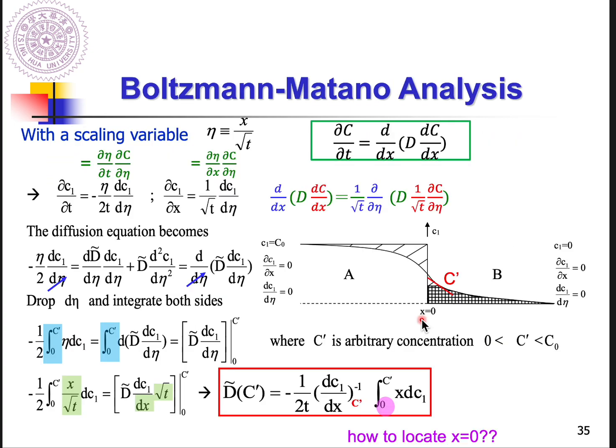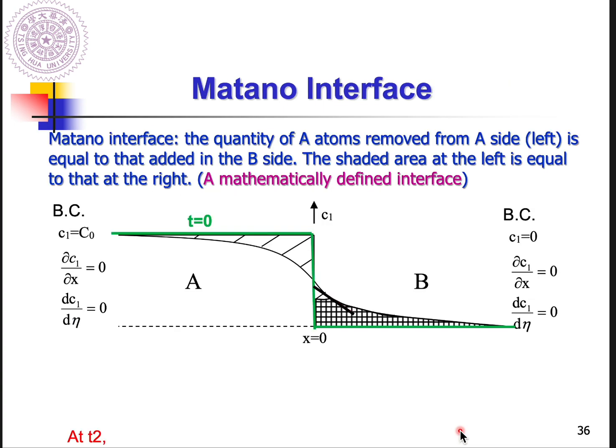So let's tell you, the next slide is going to show you how to locate this plane of x equals to 0. So this plane, we call it the Matano interface.